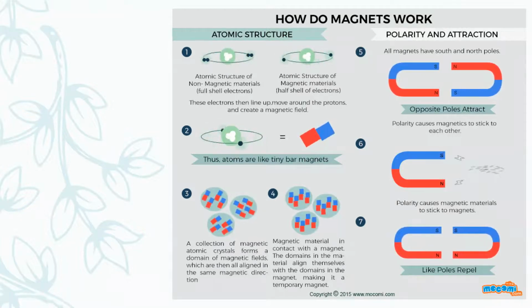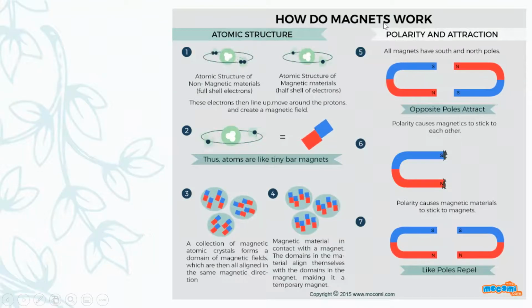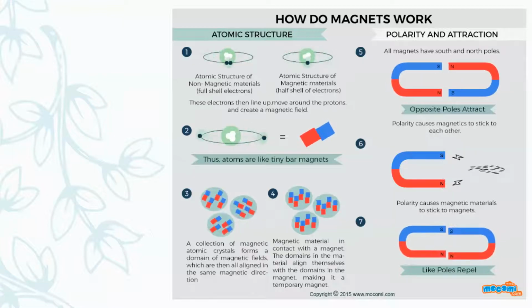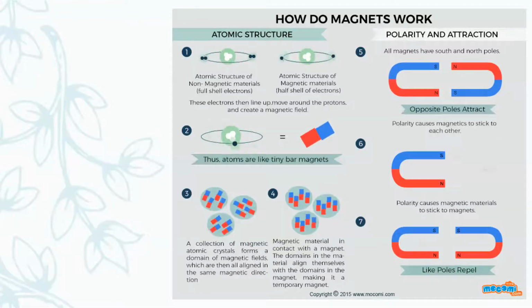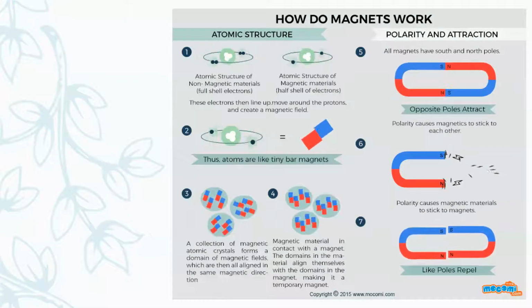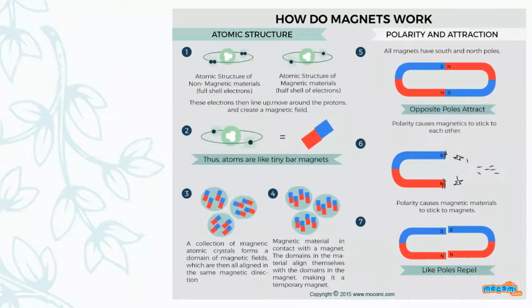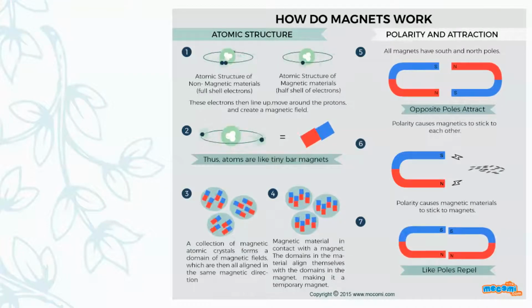But in this other structure, you can see the atomic structure of the magnetic material, with a half shell of electrons. This shell is incomplete, so we can call it a half shell. Beside this, in the non-magnetic material, the outermost shells are completed. There is no free electron, so we can say that no magnetic effect will be experienced there.